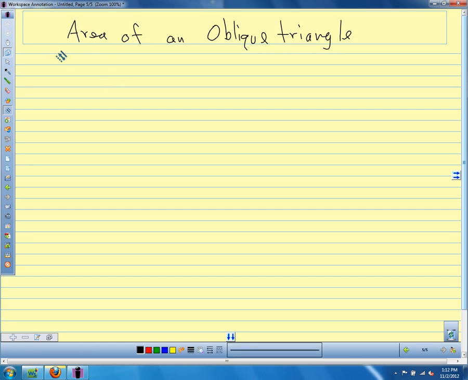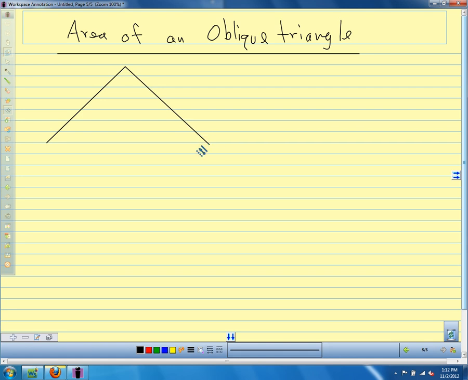And our formula is going to come from the same setup that we used to show why the law of sines works. So here's my oblique triangle. I'm going to draw in a height again. So we'll make that a red dotted line here. And we'll label our triangle ABC like we like to.